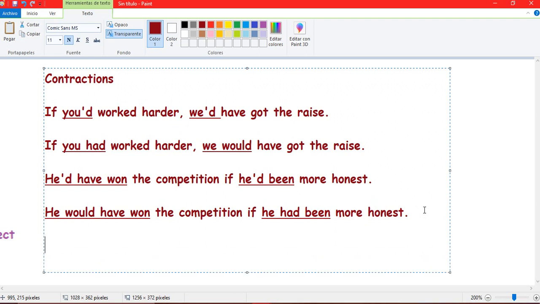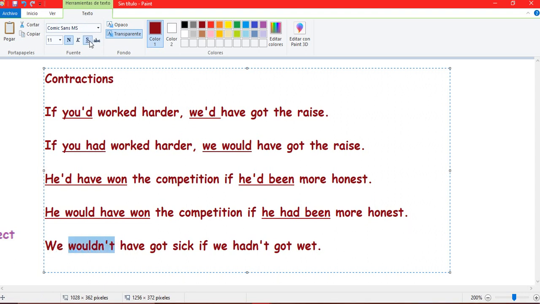Remember, when it's negative, what are the contractions we use? We say we wouldn't have got sick if we hadn't got wet. So in these cases with the negative, we use wouldn't and hadn't.